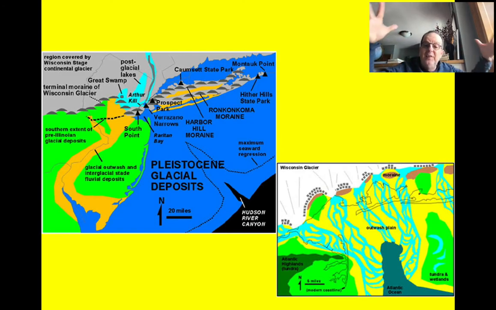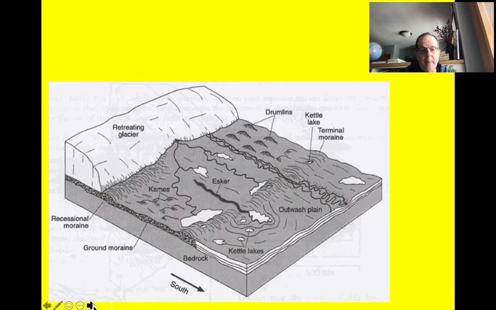Clay is a really good sealer for a pond or a lake. And now the glacier is left far behind, but water is still flowing, say from a river of ice water, down into this newly formed glacial lake. And again, we see that when we talk about the Great Lakes and the Finger Lakes in New York.